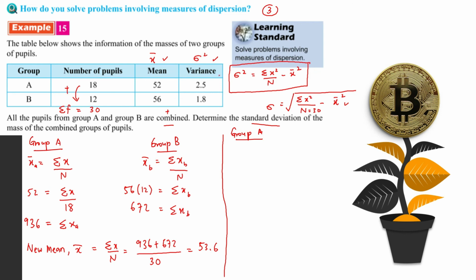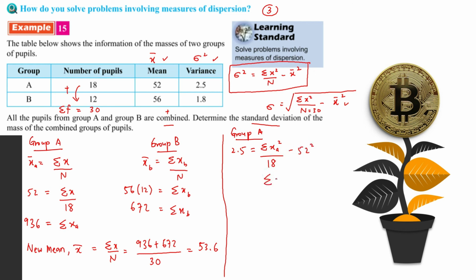Using the formula for both group A and group B, we identify the total of x square for each set of data. So here is the variance. Variance is 2.5 equals to, this one we want to find, because later we want to combine. So for A, I put here over n is 18 minus mean 52 square.